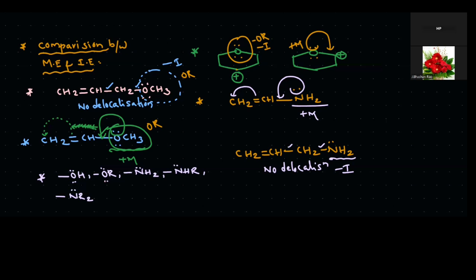If these groups are directly attached to any conjugated system, first which group influences? Less M influence more. Next only the minus I group. We should take the M and inductive effect based on these conditions. If these groups are directly attached to the conjugated systems, that time they act as plus M. Otherwise, minus I groups only. So this is a very, very important plus M, minus I condition.